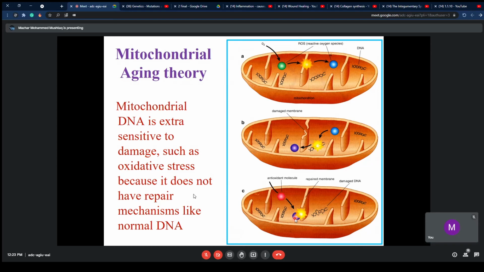If it can be taken care of by the antioxidant system, there would be no more ROS production, or it would be very little, and then the mitochondria can function in a proper way. But because of this ROS production, the mitochondria will not be functioning, and you all know the importance of the mitochondria in the cell. So this is the mitochondrial aging theory.